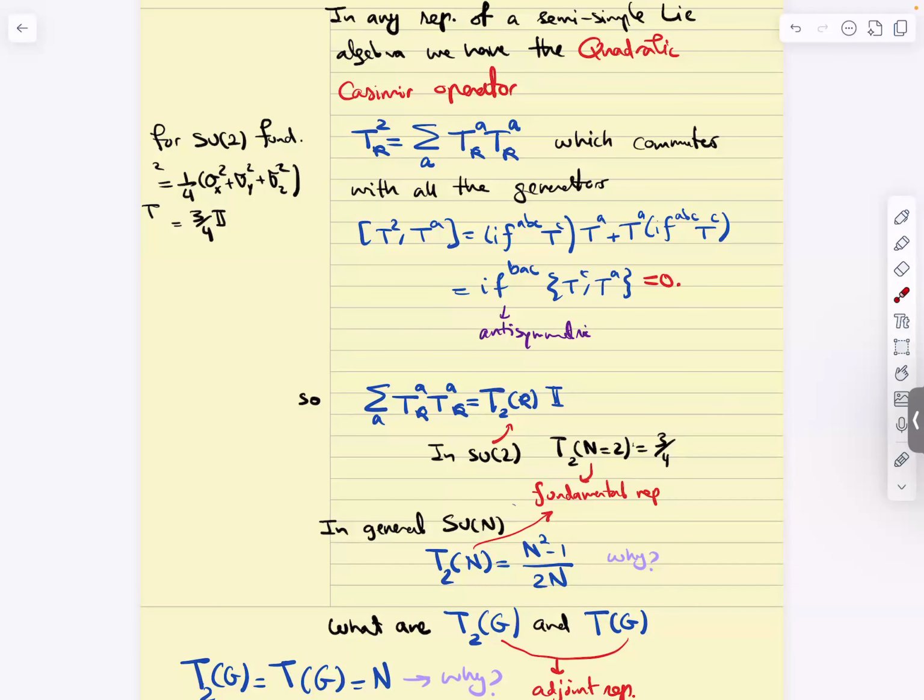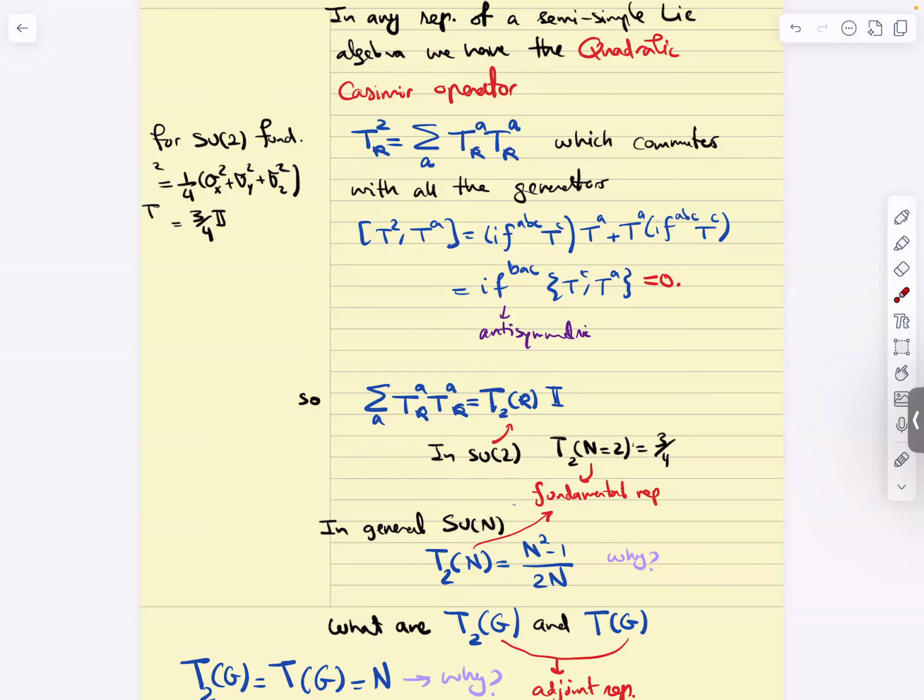How do you see the relation? We'll take the trace of both sides, right? Good. What is the trace of identity? It's N if you're in the fundamental representation. C2 of R times that. What is this trace? This is T of R, right?